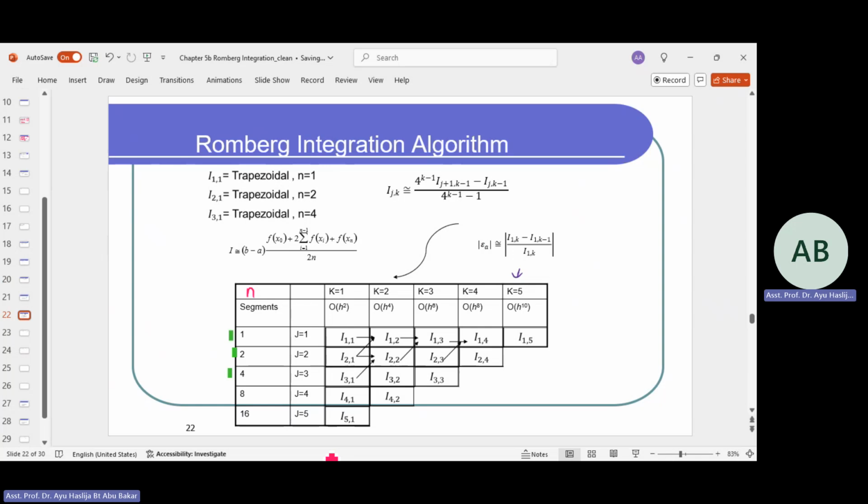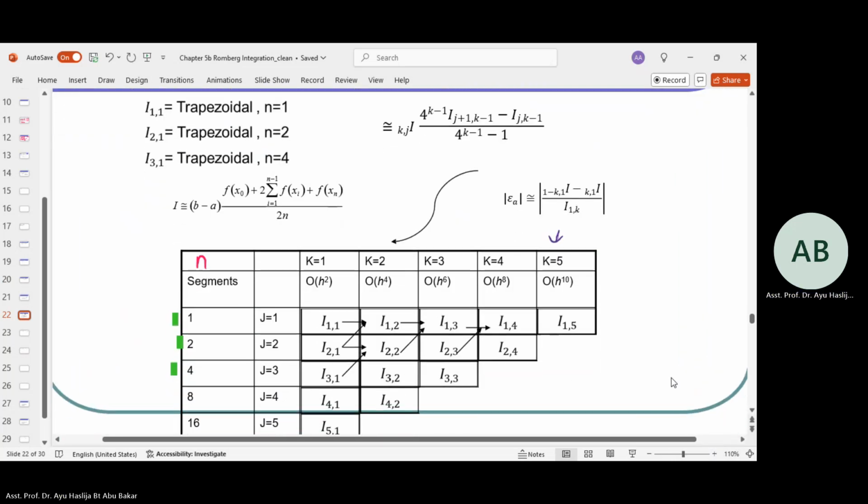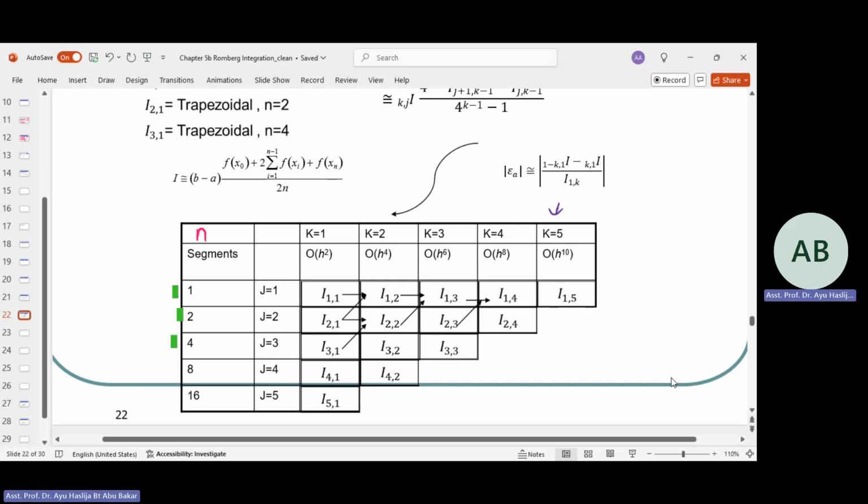Now, this one is labeled as integration 1,1. So level 1, estimation number 1. Each level going downwards, the level remains.